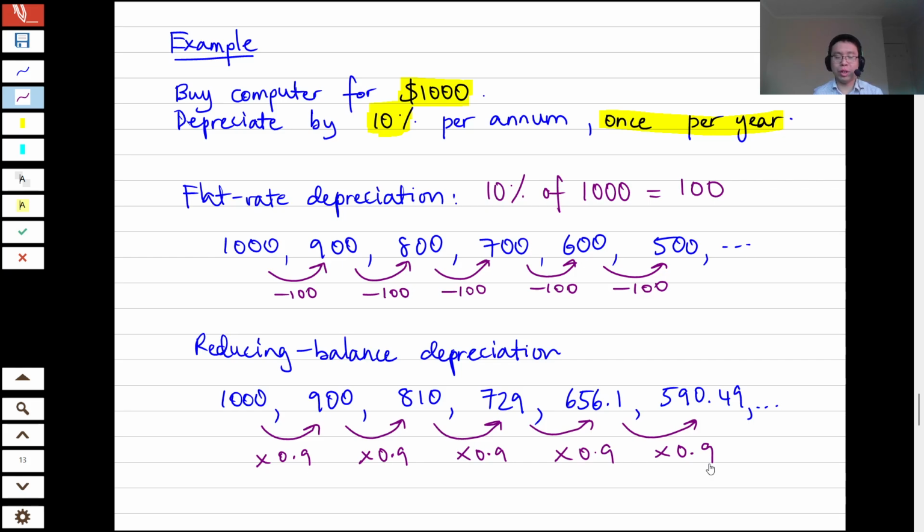When I use the reducing balance depreciation method, my value is actually higher compared to flat rate depreciation. And that's because as my value gets smaller, when I depreciate by the same percentage, that depreciation amount gets smaller. So first I take away 100, then I take away 90, then I take away 81, and then I take away 72.9. Notice that that amount that's being taken away, it's getting smaller.